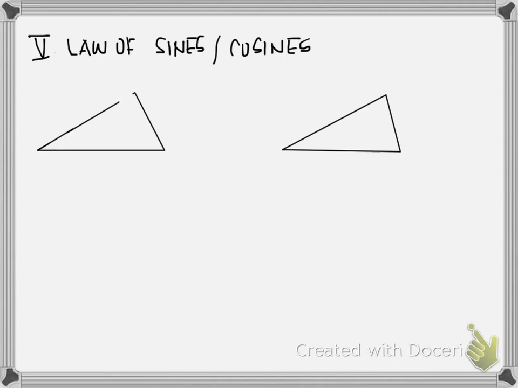Let's say you know angle A and angle B, and you know the side that is opposite of angle A and the side that's opposite of angle B. Then we can say sine of angle A over side A is equal to sine of angle B over side B.